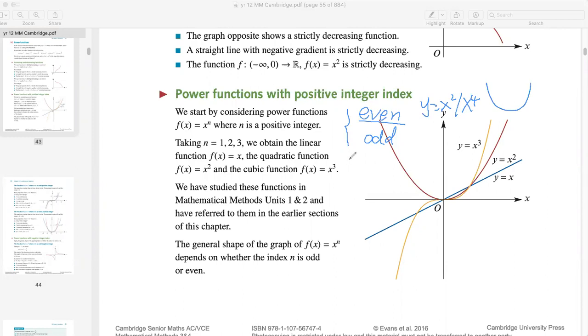But once the power function becomes an odd function, like x cubed or x to the power 5, the general shape is going to look like this. For this part, we will continue working in chapter 4 with polynomials. For now, we just need to know the general shapes of its graph.